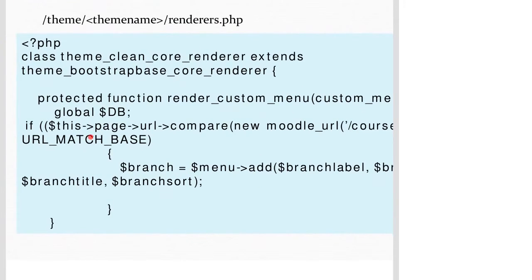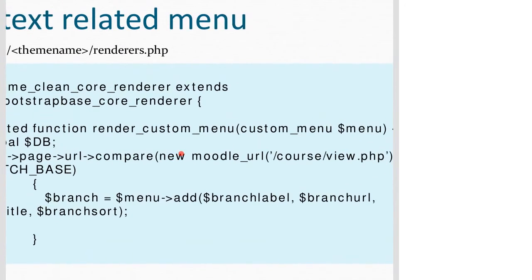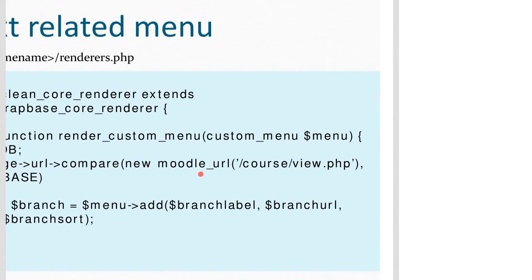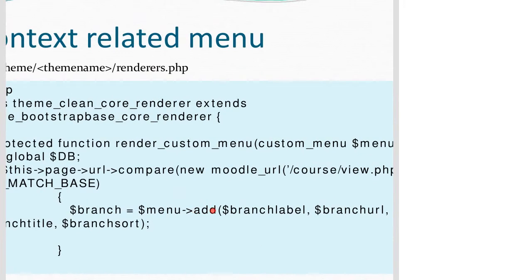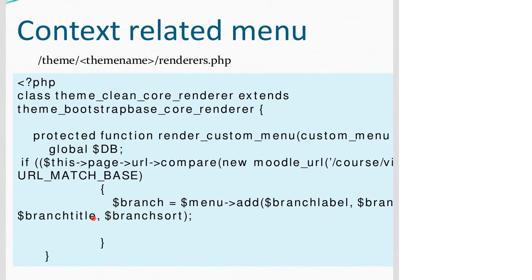So we use this function to compare the page URL to what URL the user is on. This checks if the user is actually on the course view page, and depending on which page the user is on, we make the menu accordingly. If the user is on a course page, we customize the menu and provide options according to what he would like to see there.